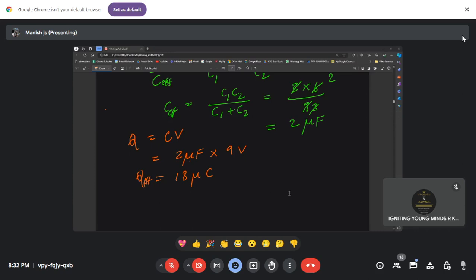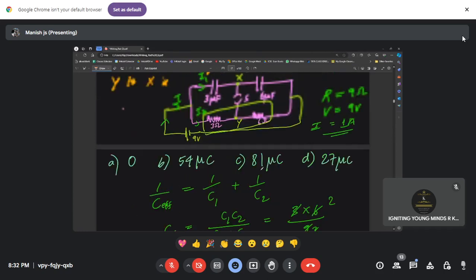Now this 18 microcoulombs that we have found out here is the total effective charge on this combination of capacitors. Okay, so we have found out the total effective charge by using this relationship. So what is the answer?